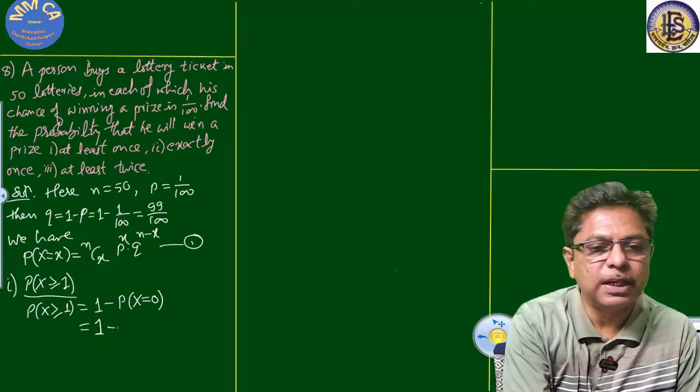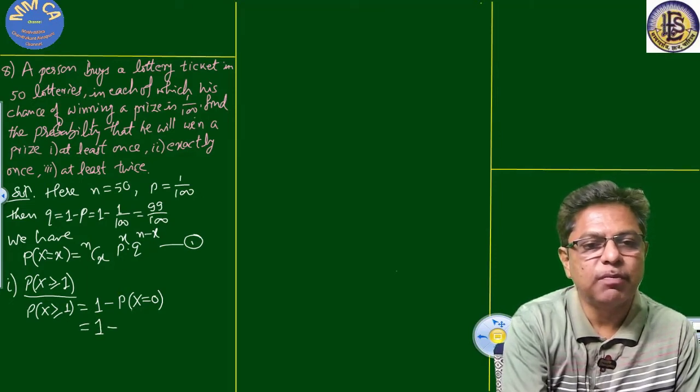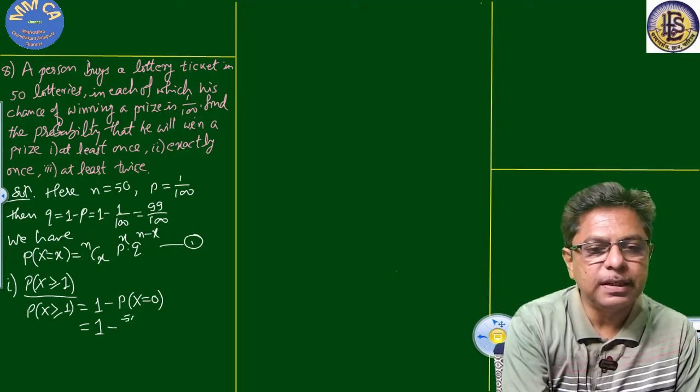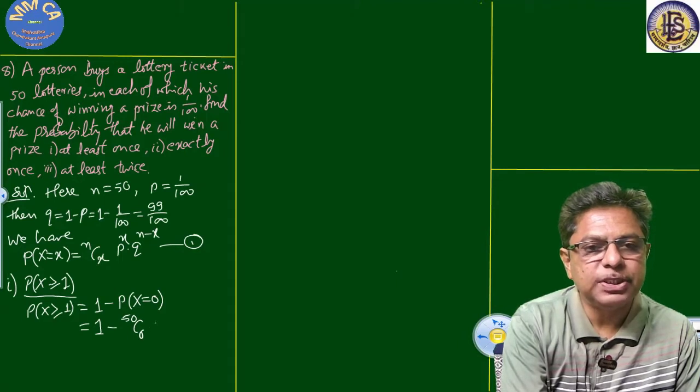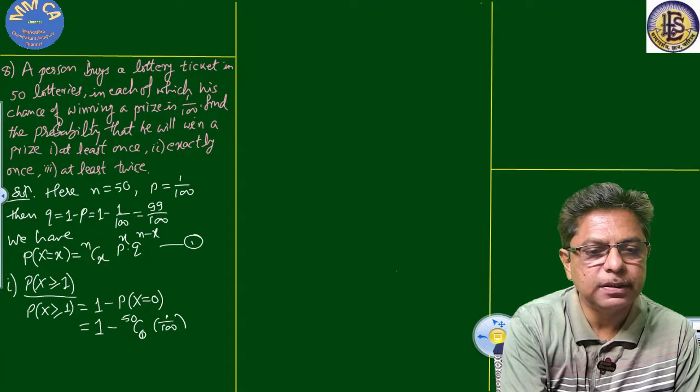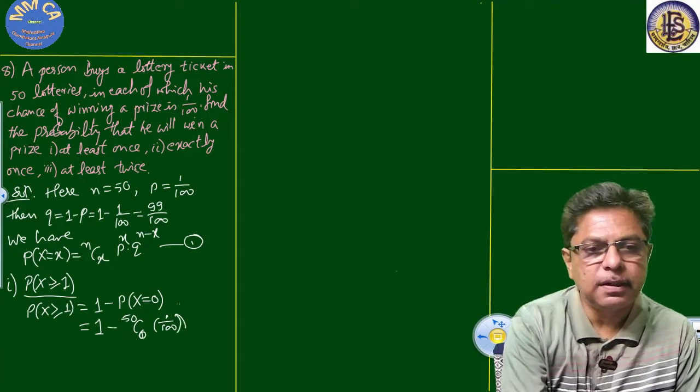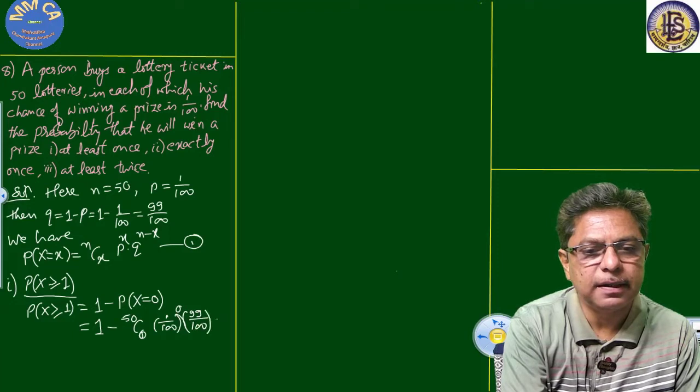So this is 1 minus probability of X is equal to 0 by using the formula. It is 50C0, p raised to x, p is 1 by 100, x is 0 here, into 99 divided by 100 raised to 50 minus 0.